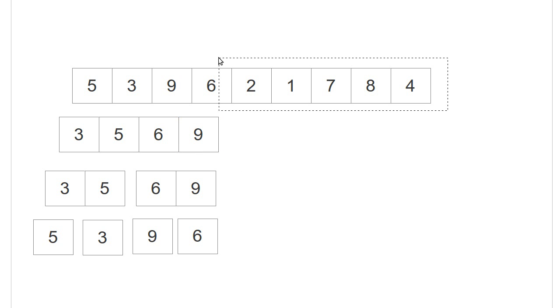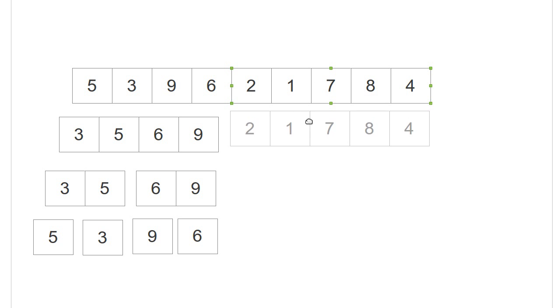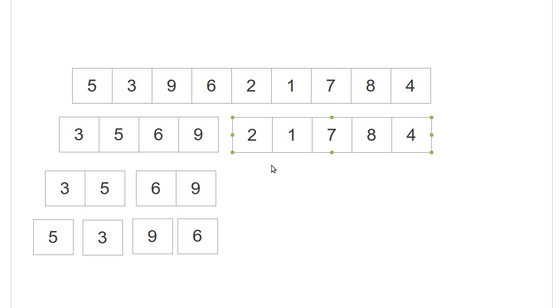Now I have to work on the other half. I have this, and when I divide it in half, I get that. And then this, I won't bother drawing the individual elements. It recurses down to the individual elements, and they come back, and we merge them into 1 and 2.